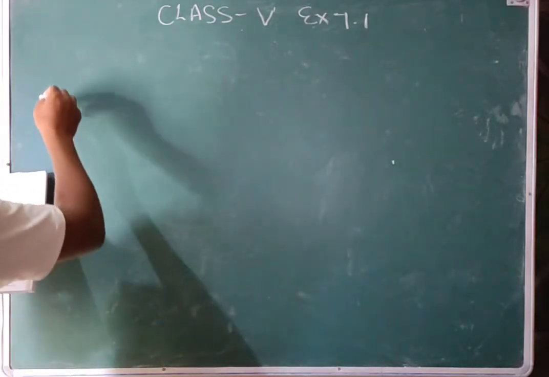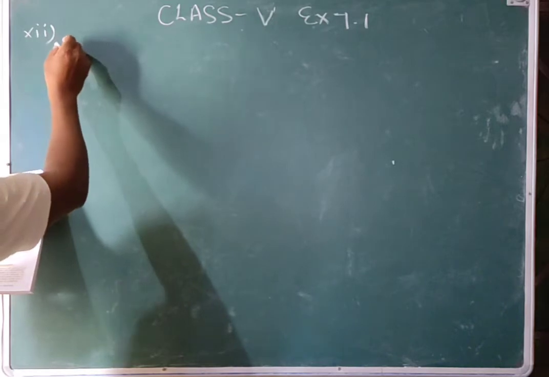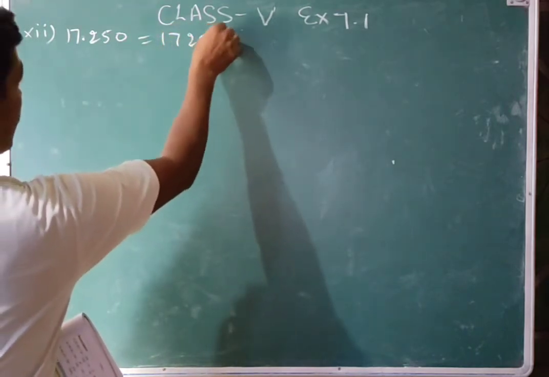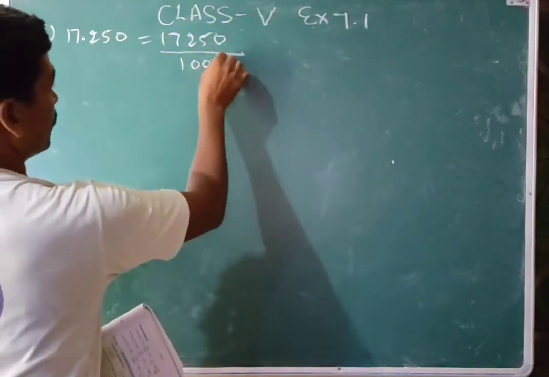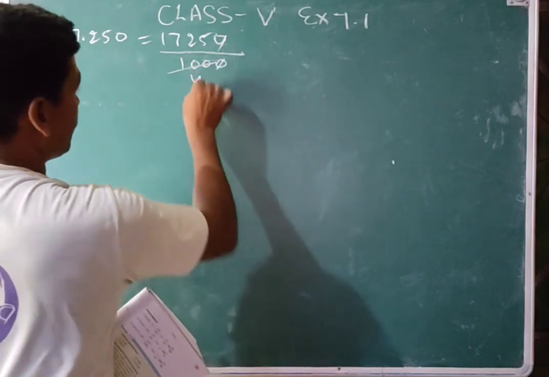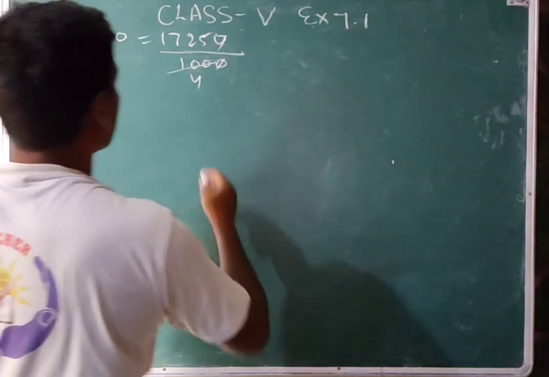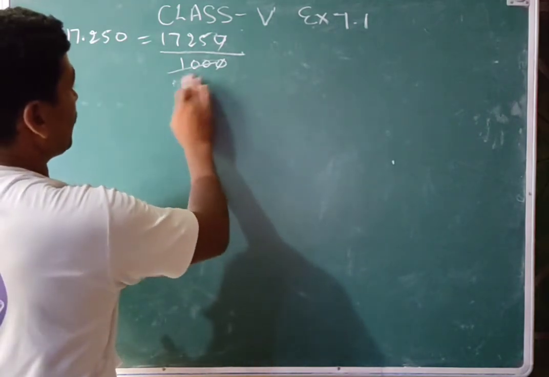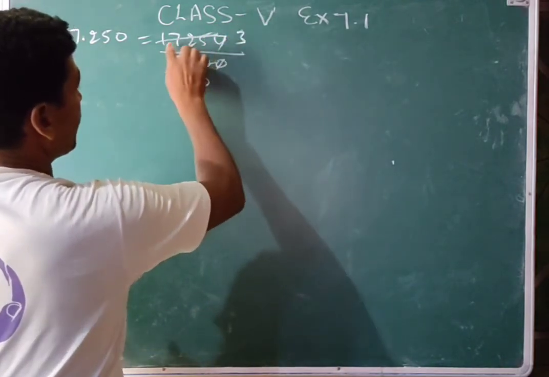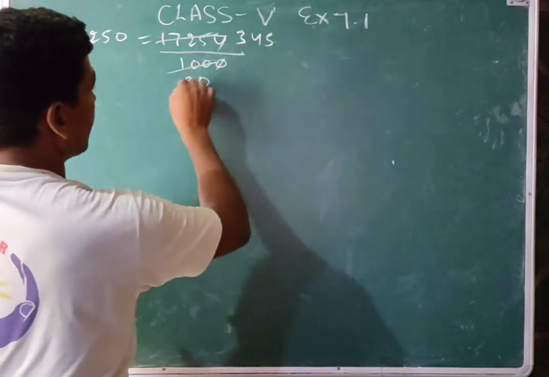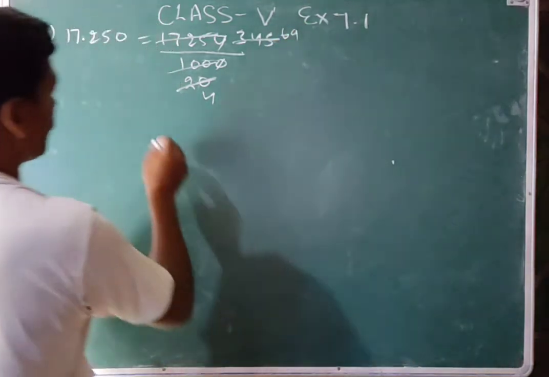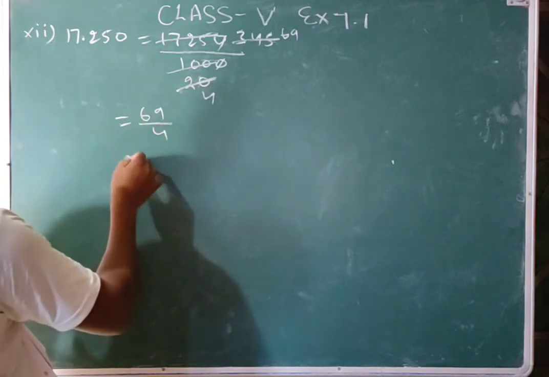The 12th part: 17.250 is equal to 17250 upon 1000. That will be cancelled, and it is cancelled by 25. 25 4s are 100, or you can see it from 5: 5 4s are 20, 5 3s are 15, 2 are left, and so on, that is 69 upon 4, or we can write it in mixed fraction.